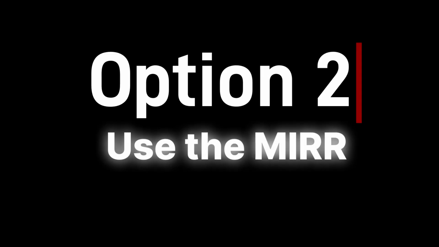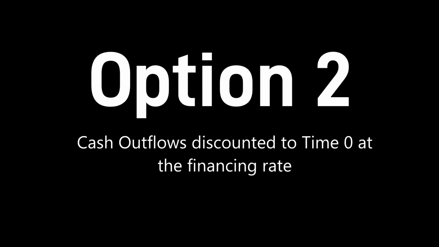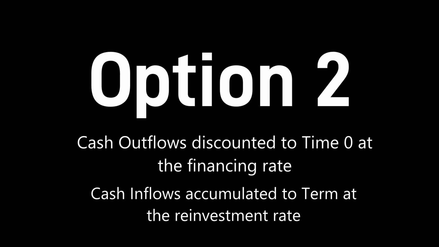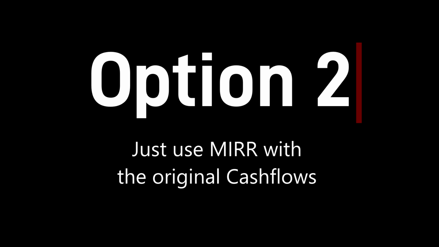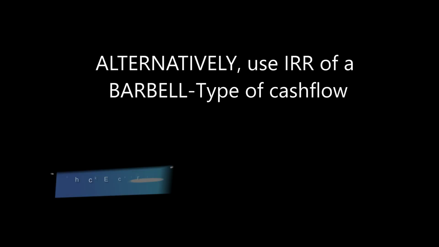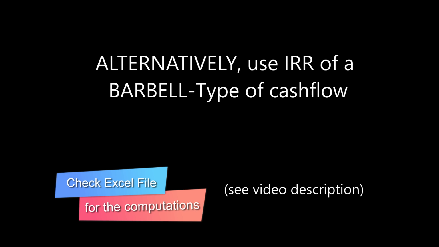Option 2, use the modified internal rate of return, or MIRR. The MIRR assumes that interim cash flows are discounted to time 0 at the firm's financing rate, and all positive cash inflows are reinvested at the reinvestment rate and accumulated to the end of the period. This gives a unique, realistic rate of return that fixes the multiple IRR issue. You can use MIRR in Excel for this. Alternatively, you can use IRR of two values.